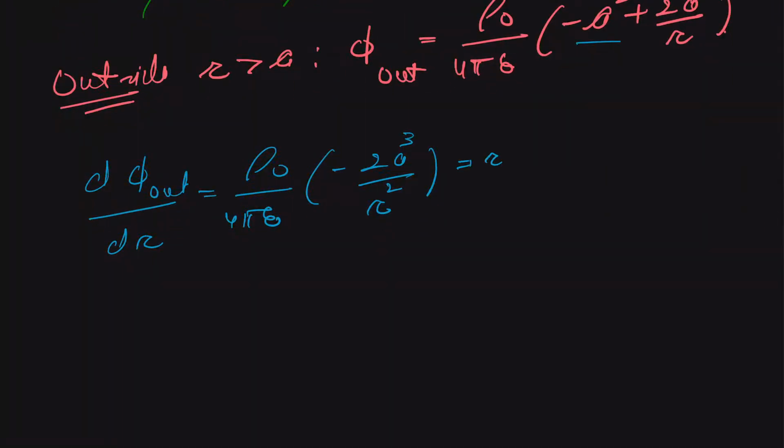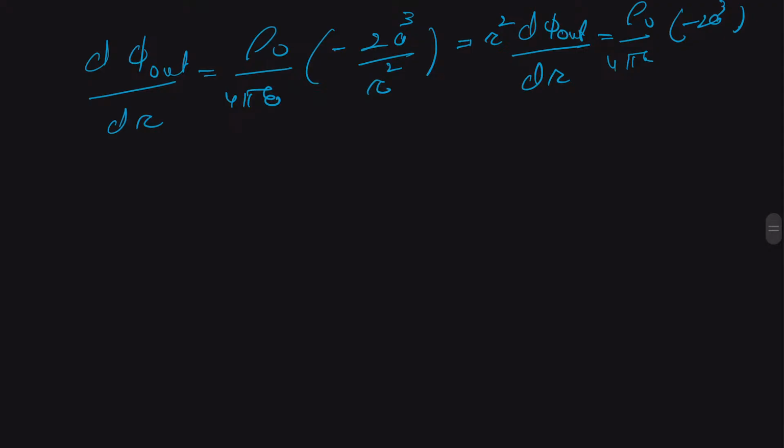Therefore we can say r square d phi out upon dr, and r square is going to cancel out, so this is rho naught upon 4 pi epsilon naught times minus 2a cube, and finally its derivative.